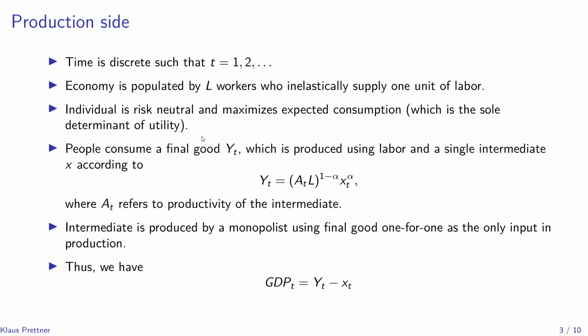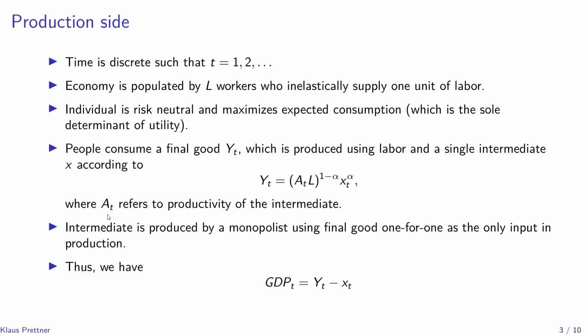The people consume a final good denoted by Y_t in the economy, and this good is produced with labor as one production factor, and an intermediate good denoted by X at time t, with an output elasticity of alpha, and labor has an output elasticity of 1 minus alpha. So it's a Cobb-Douglas production function.